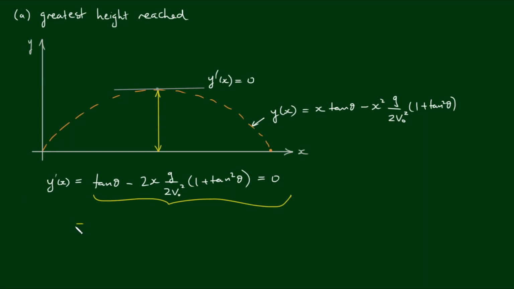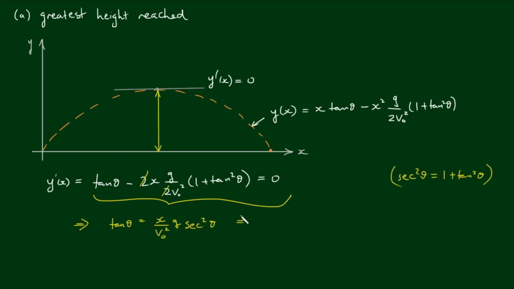So if we rearrange that, first of all, 2 on the top and 2 on the bottom cancel. We get tan theta equals x on v0 squared by g by 1 plus tan squared theta. This 1 plus tan squared theta I'm going to rewrite as sec squared theta, according to the Pythagorean identity, that sec squared theta equals 1 plus tan squared theta.